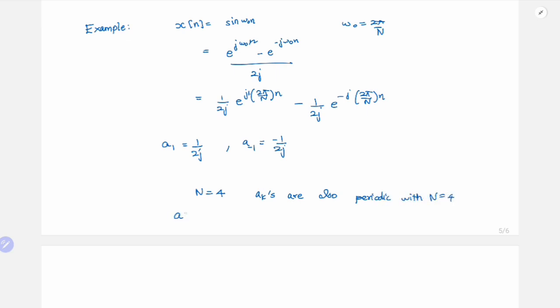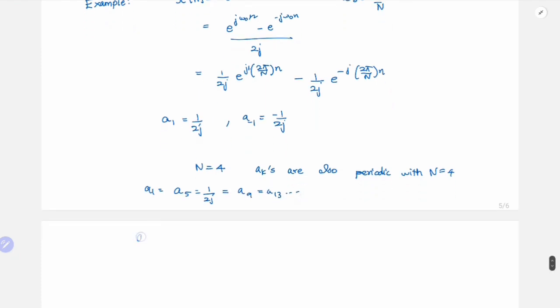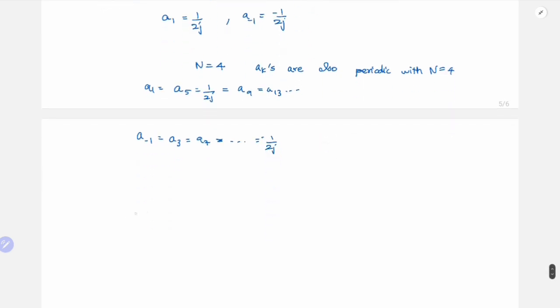So my a5 also will be equal to 1 by 2j. It is also equal to a9, equal to a13 and so on. Similarly, I have a minus 1 equal to a3 equal to a7 and so on, equal to minus 1 over 2j.